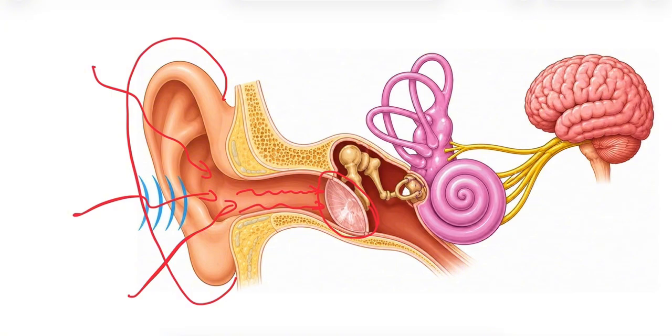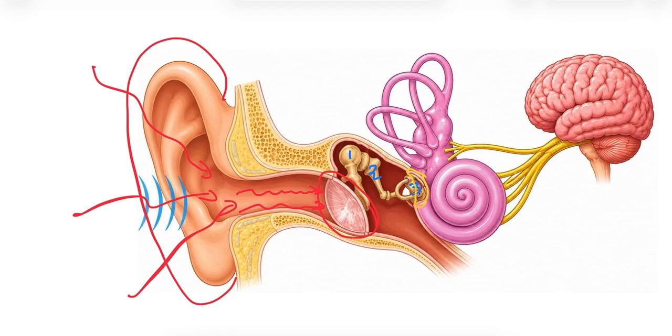The vibrations are then transmitted to the ossicles, our three little bones. The ossicles will start vibrating and amplifying those vibrations, and then they will transmit those amplified vibrations into the inner ear through the oval window.